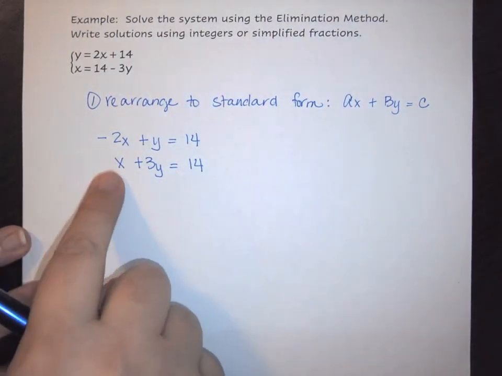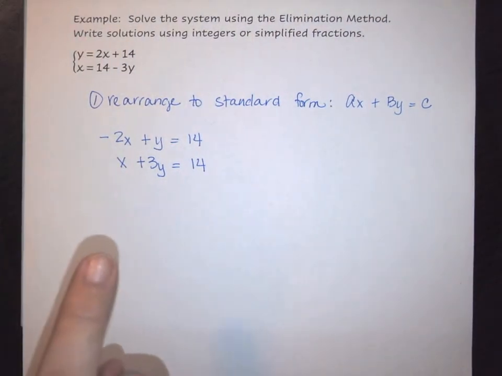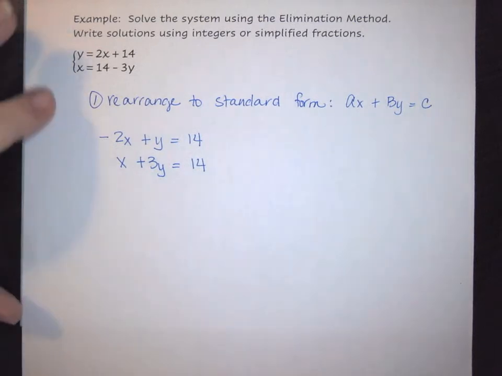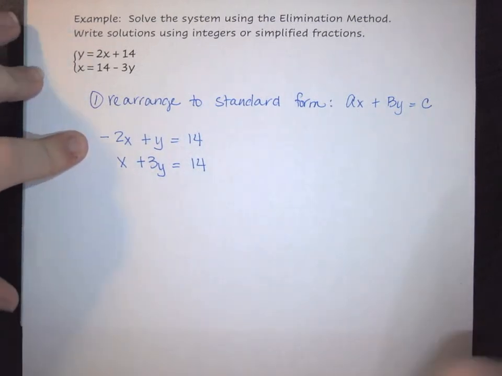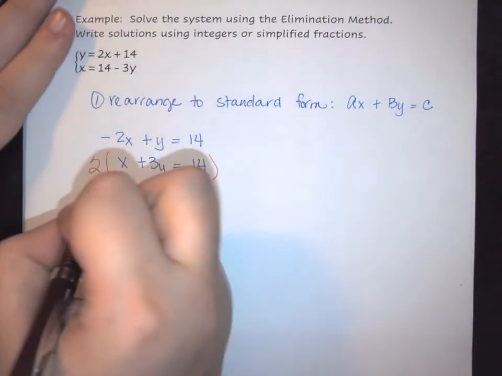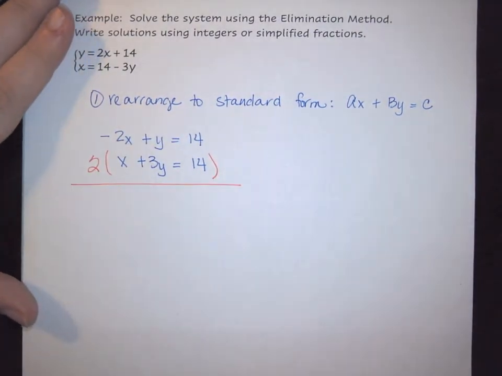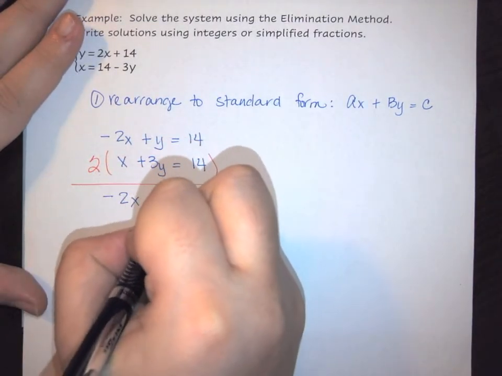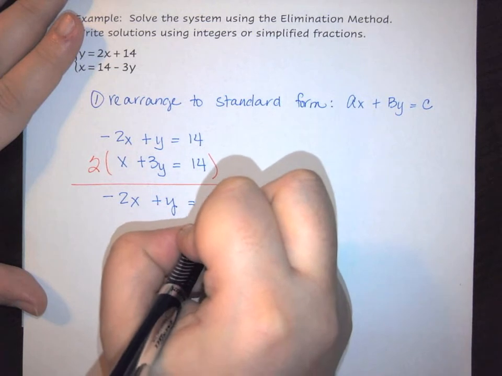So if we look at the two equations, we want to eliminate a variable. So in this case, my x's already have opposite signs. So I'm going to take my bottom equation and multiply it by a 2. So here we're going to end up with negative 2x plus y is equal to 14.